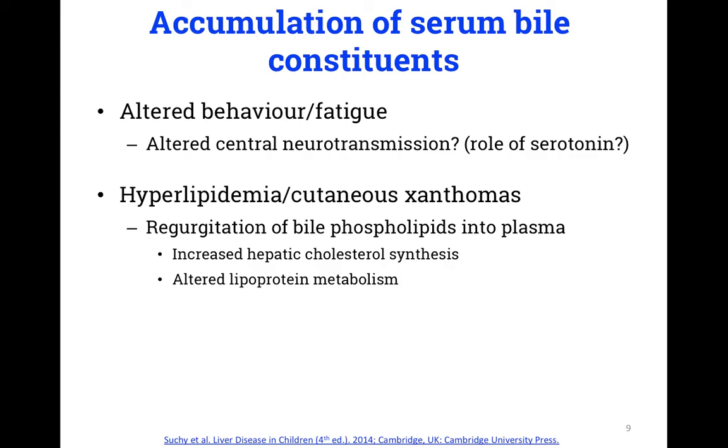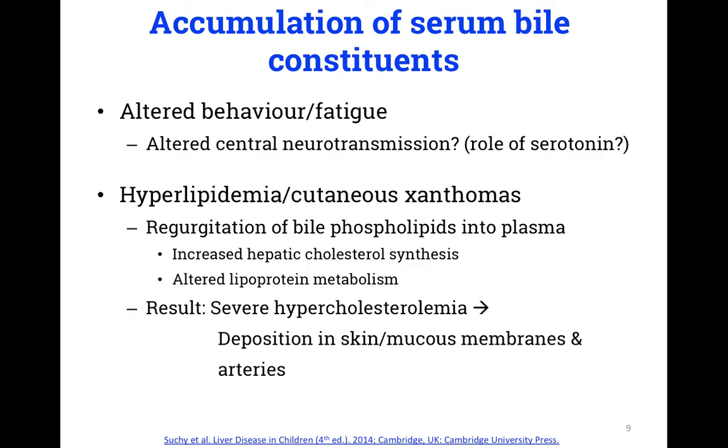So the consequences of this then are increased serum cholesterol levels, and as a result of the severely high levels of cholesterol that can develop over time, these can lead to deposits of cholesterol and lipids in the skin or mucous membranes known as xanthomas, and also can deposit within the arteries themselves and lead to significant atherosclerosis or obstructive disease involving the blood vessels.